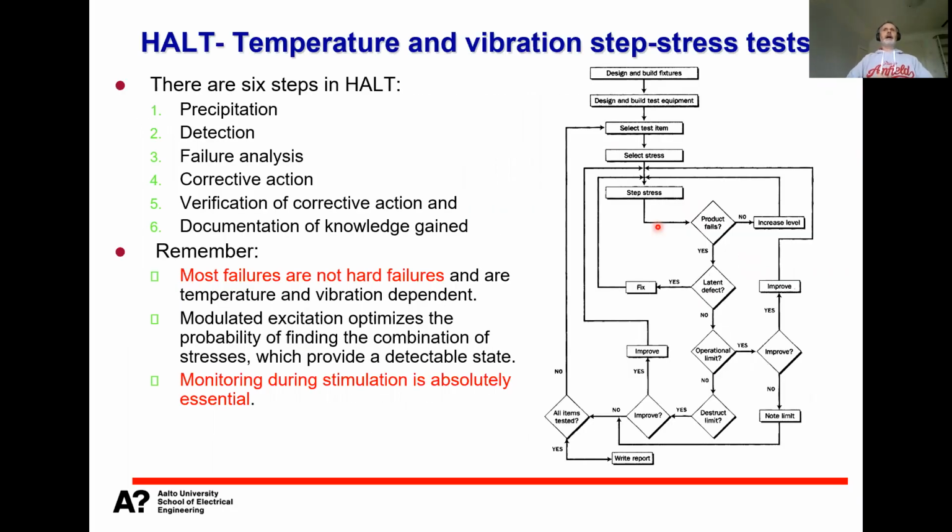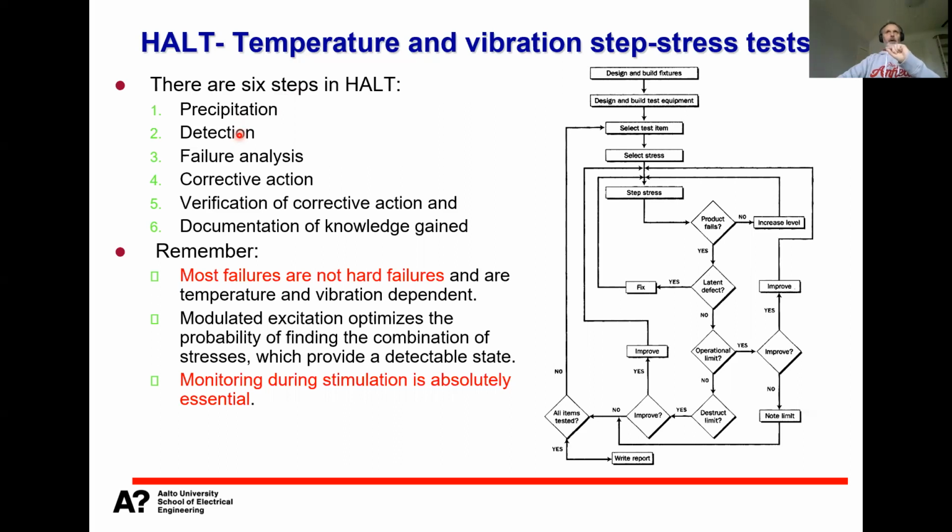As a conclusion, what are the basic steps in HALT? These are the different steps we just talked about. First we have precipitation, where we use different types of stresses. Then we try to detect the failure.